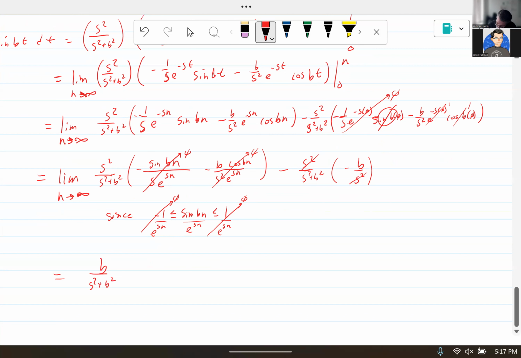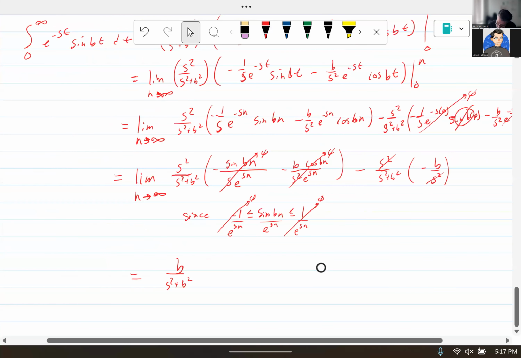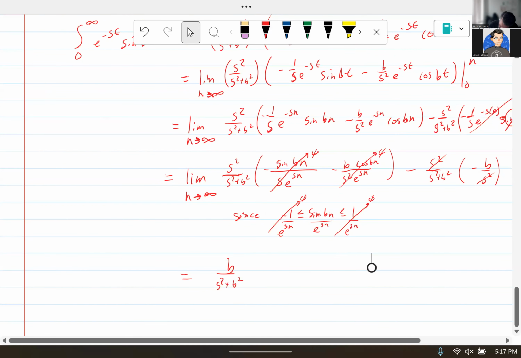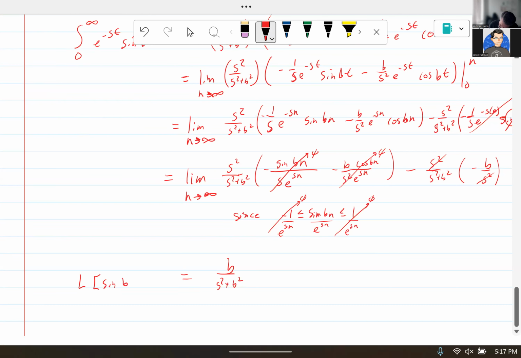So the Laplace transform for the sine of bt was equal to b over s squared plus b squared.